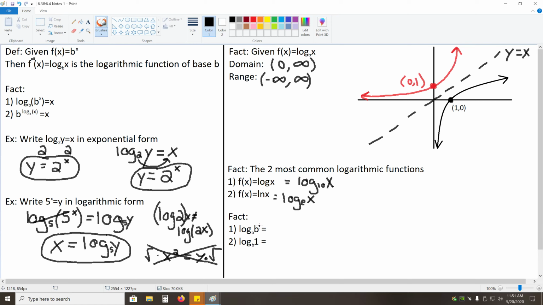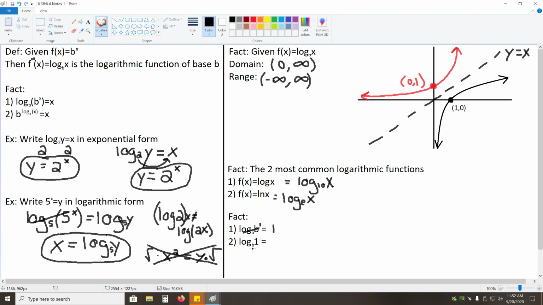So what is x in this case? If it's not there, then we know the exponent has to be 1. So log base b of b to the 1, the log base b and b will cancel out, leaving us with just 1. So whenever you plug a base into the log of the same base, the result is just going to be equal to 1.